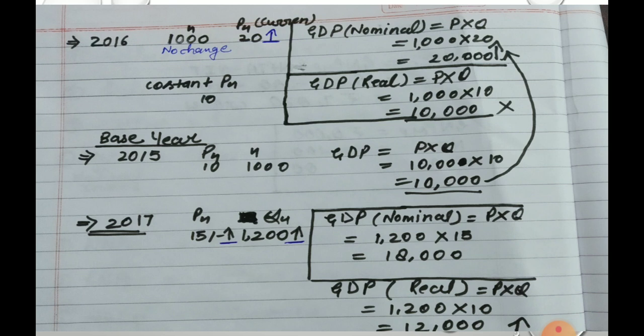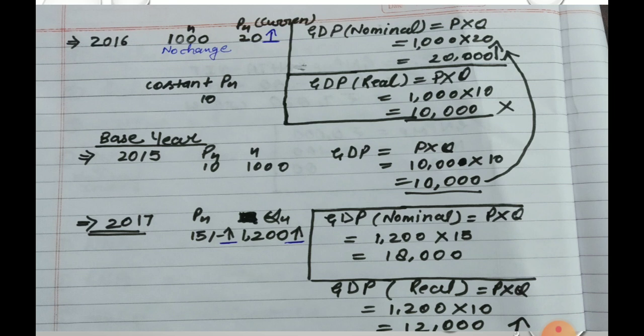Now take 2017. In 2017, when we compare with 2015, we can see that price and quantity both have increased. Price became 15 from 10 and quantity 1,200 from 1,000. So because of that, we can see that nominal GDP has increased to 18,000 and real GDP also increases to 12,000.